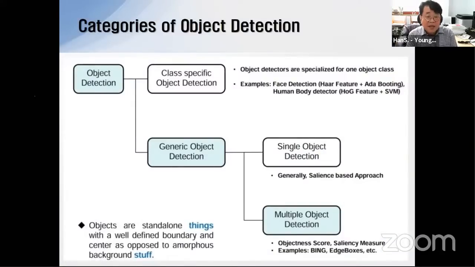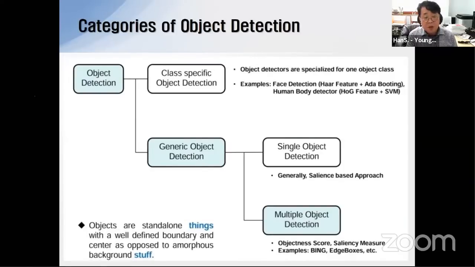So the object detection is roughly divided into two kinds of classes. One is class-specific object detection and the other is generic object detection.